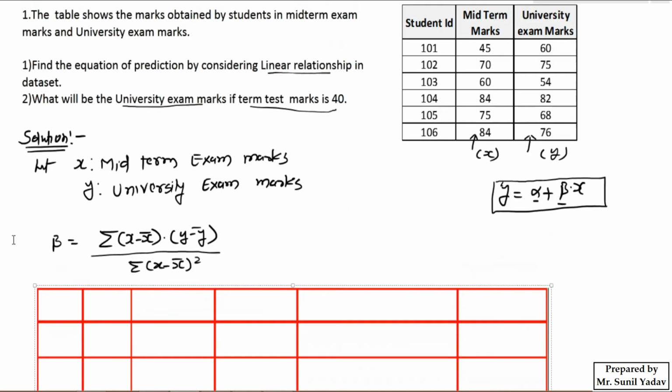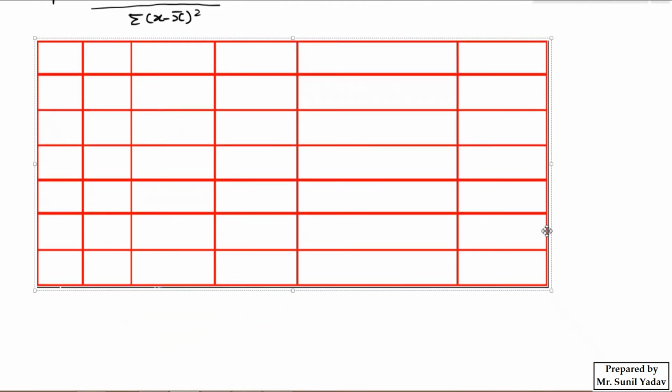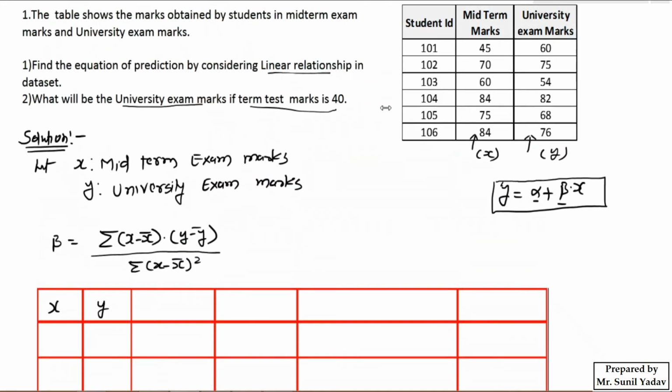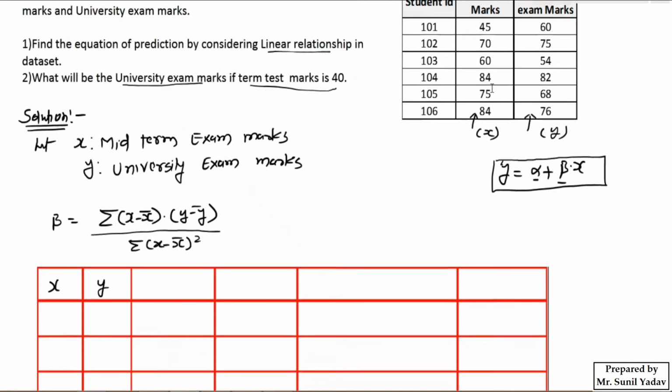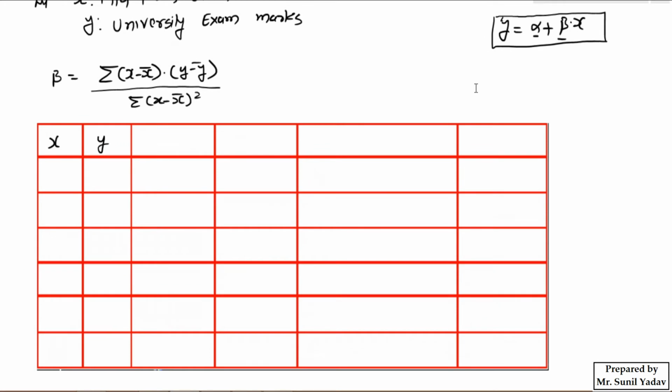Since we have midterm marks, which is X, we'll write this is the X and this is the Y. First we'll write the values of X. It is already given that we have 45, 70, 60, then 84, then 75, and 84.